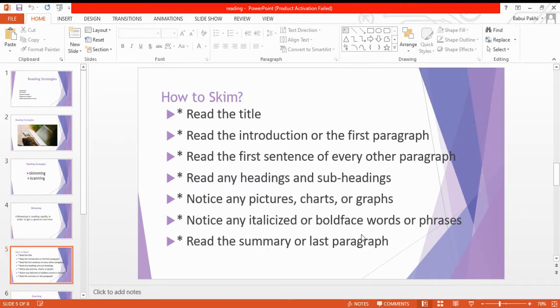Sometimes there are headings or subheadings for every paragraph or every section of a composition. So if you read those, you may get the idea of what the composition is going to tell. Notice any pictures, charts, or graphs. For example, there is a picture of Rabindranath Tagore.